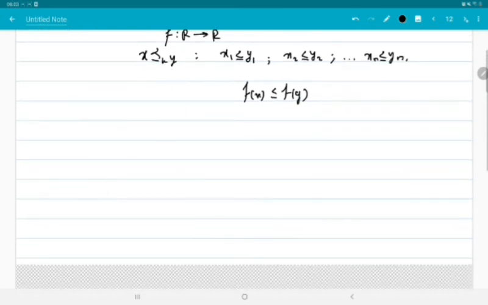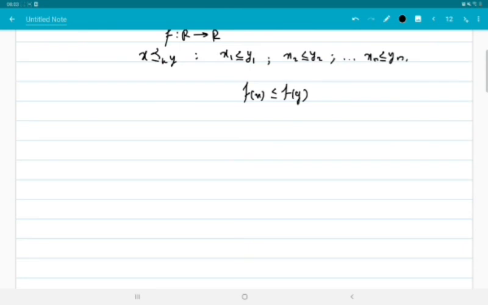Similarly, in the matrix world we can also have monotone functions of matrices.